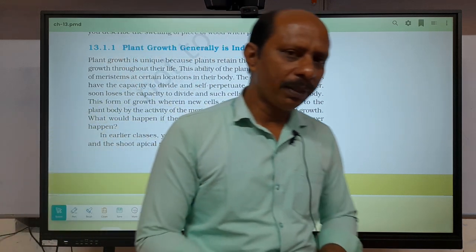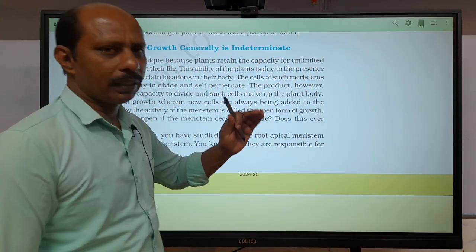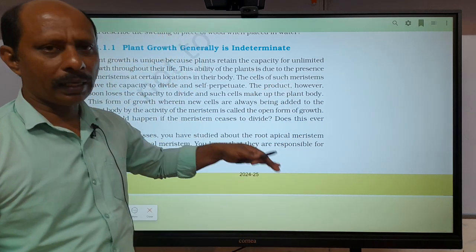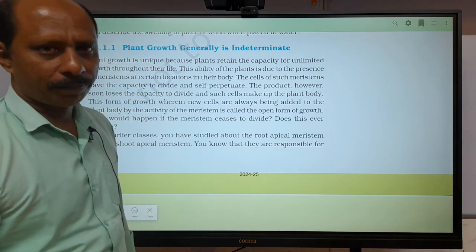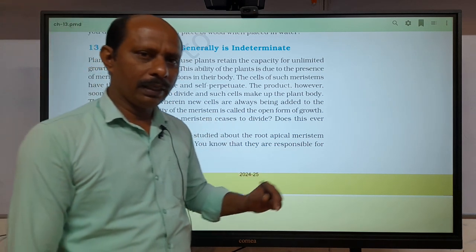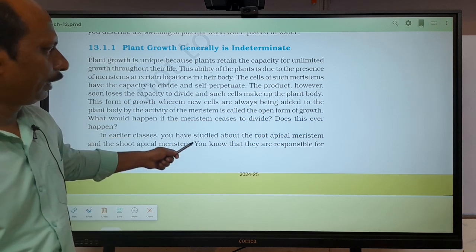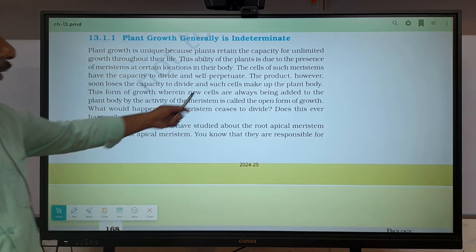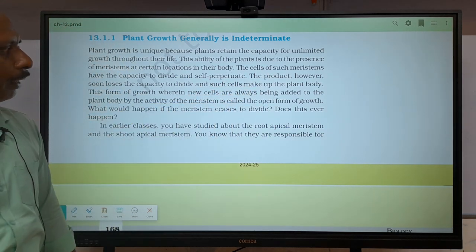The meristematic tissue is present in the apical region of root and shoot or branches. It may be in intercalary regions, that means at the nodes of the leaves. Another one, in a dicot root or shoot, is present in the cambium. The cells of such meristems have the capacity to divide and self-perpetuate.